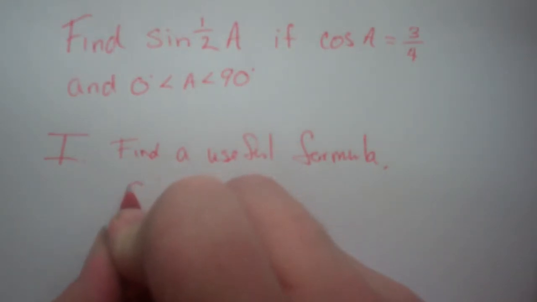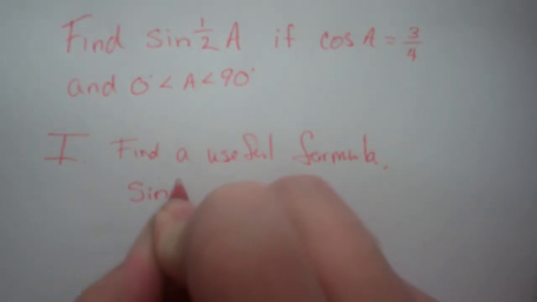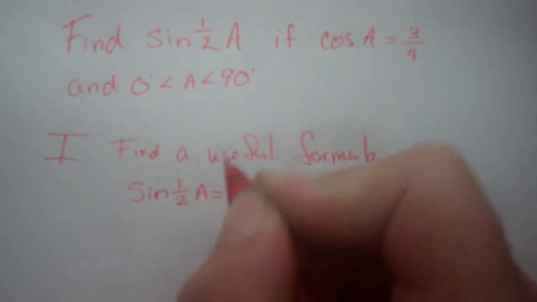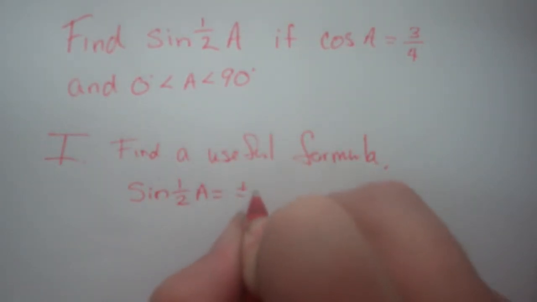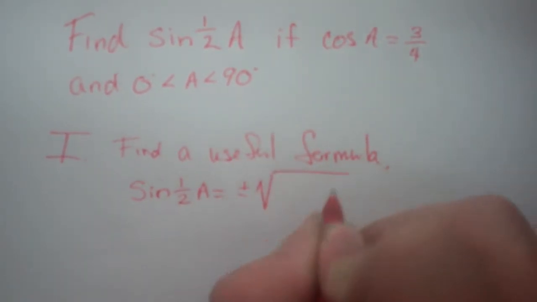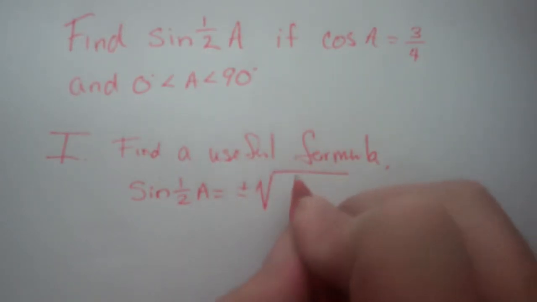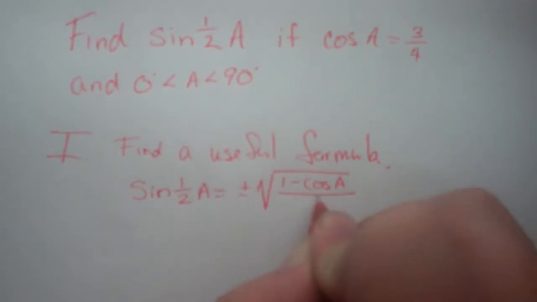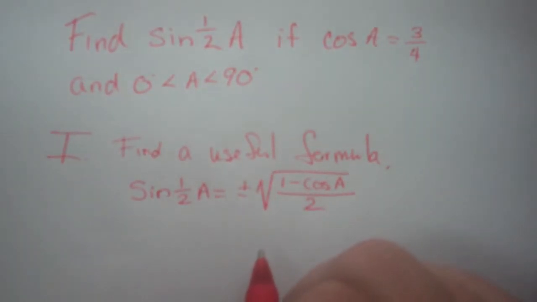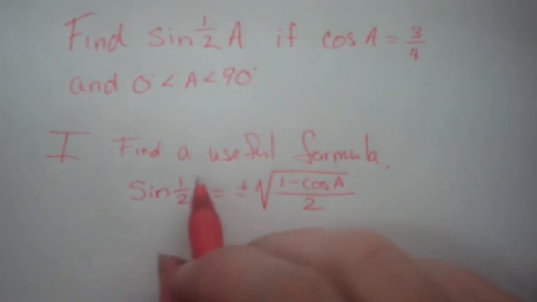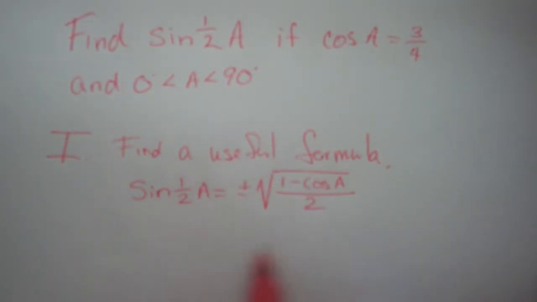From the reference sheet, it says the sine of 1/2 a is equal to plus or minus the square root of 1 minus the cosine of a, and then that whole thing divided by 2. Excellent. Now, this is the formula we will use.